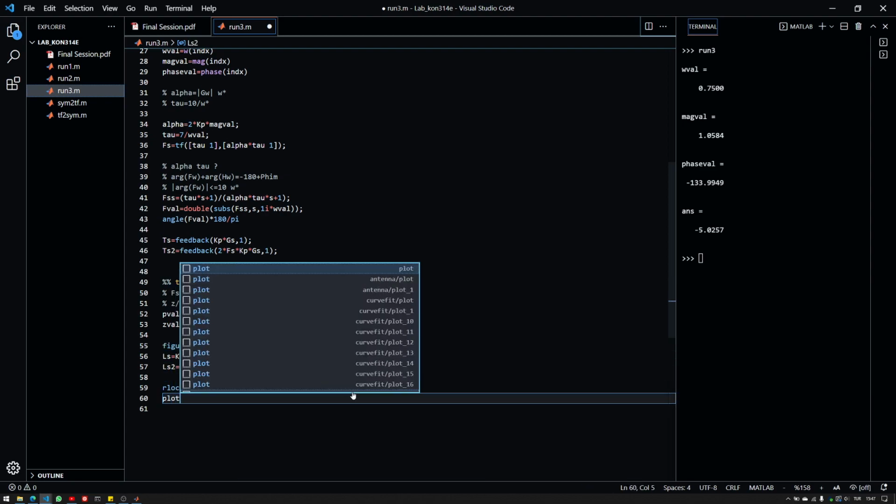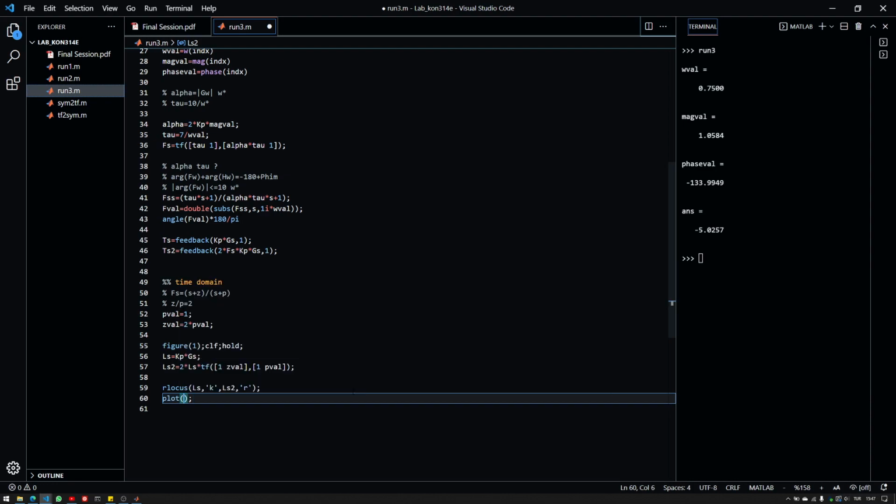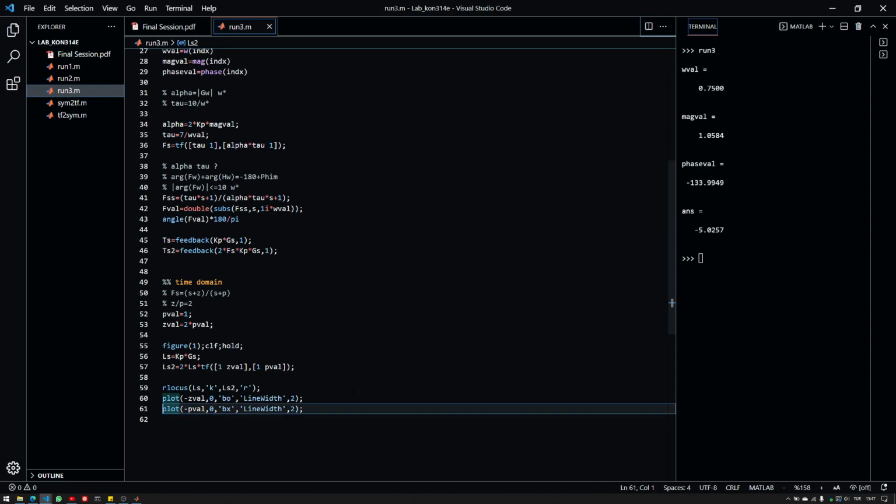Let's plot directly on top of the root locus and use minus c val, comma 0, as a blue circle with line width 2, and the same for the p val.